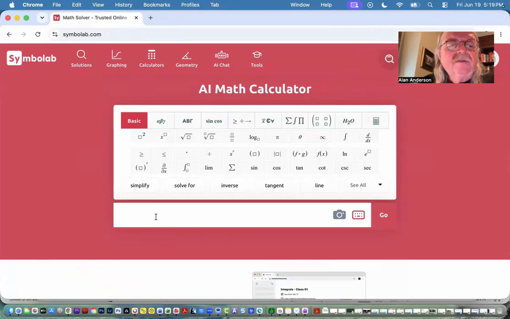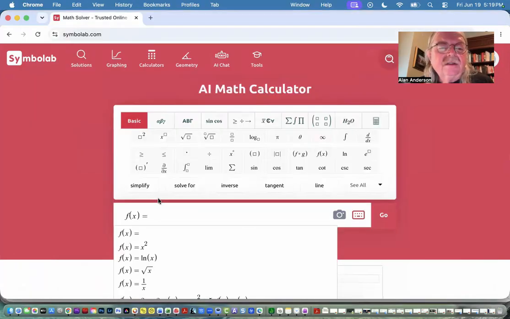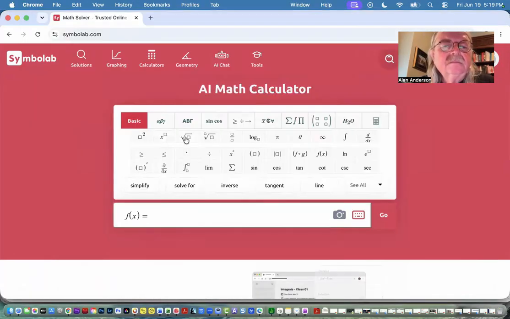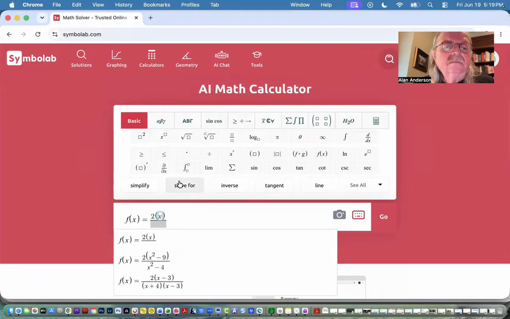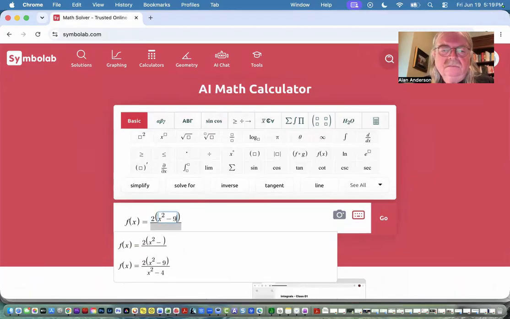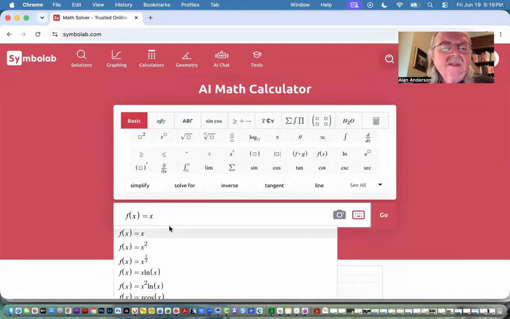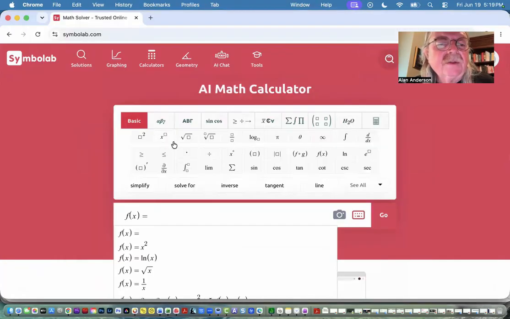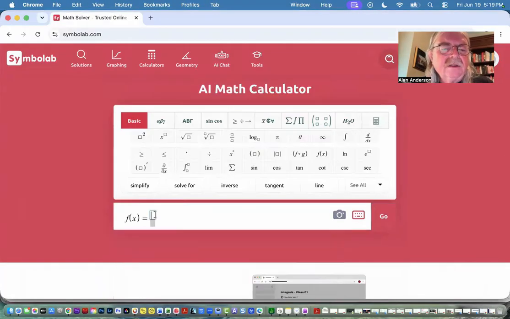Sometimes these functions, well, all right, let's see. 2x squared minus 9 over x squared minus 4. Oh, for God's sake. I noticed there's something about the interface with this Symbolab. It can really be very awkward.